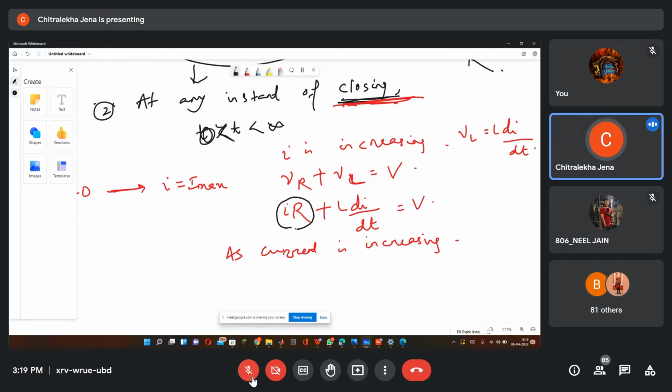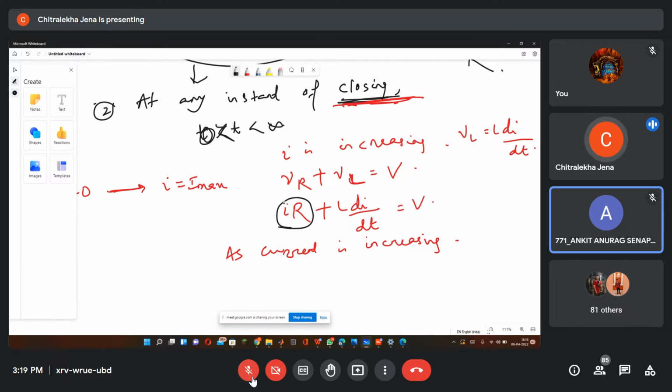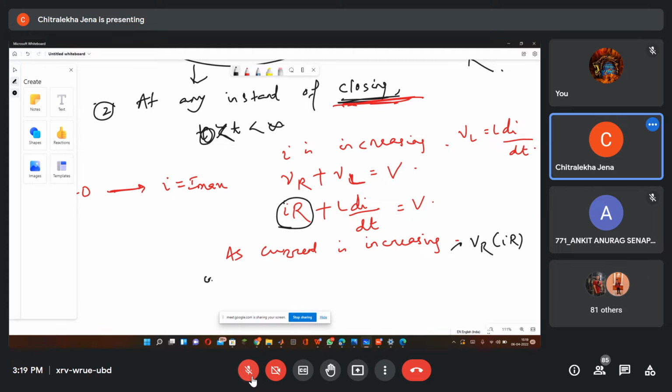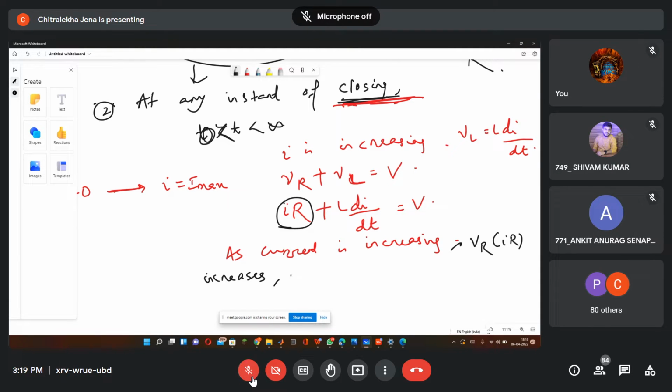This is increasing because R is constant. So IR is increasing. As current increases, VR, which is equal to IR, increases. Am I clear up to this? All of you clear?